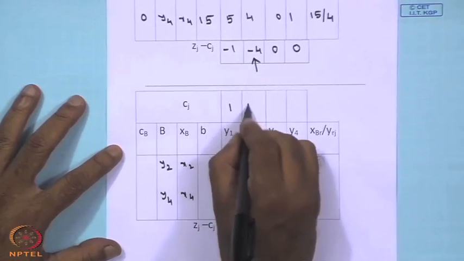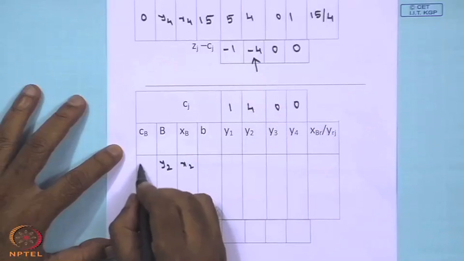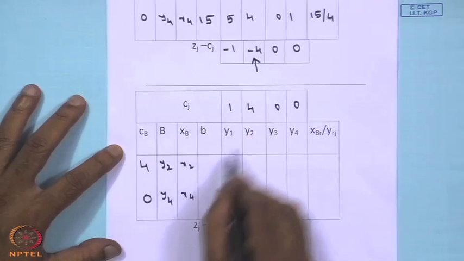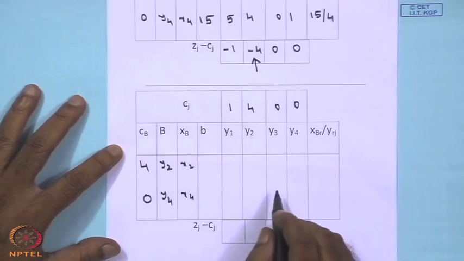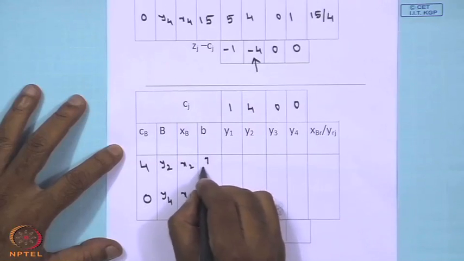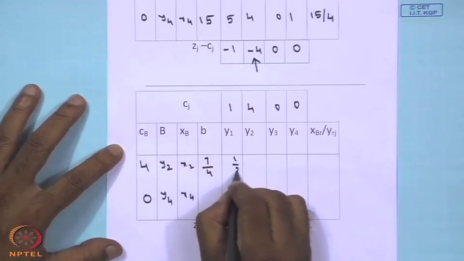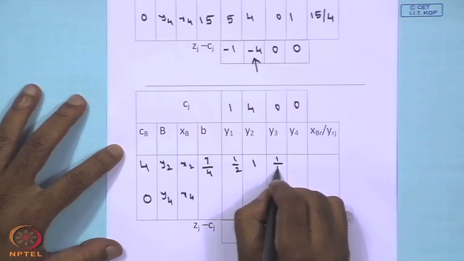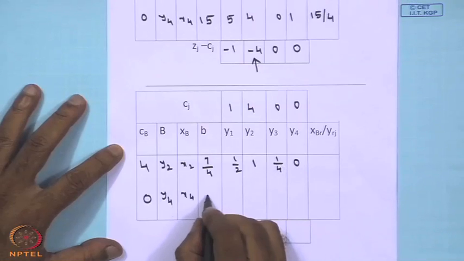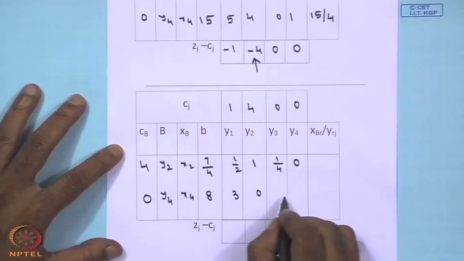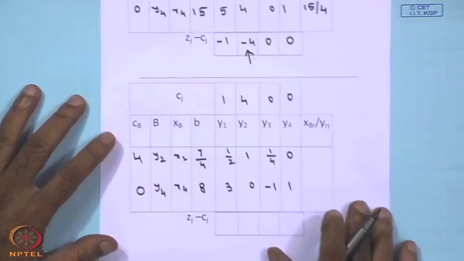These values will not change: 1 4 0 0, Cb is 4, 0. Directly again I am writing, you can check it afterwards: 7 by 4, half, 1, 1 by 4 and 0, 8, 3, 0, minus 1 and 1.